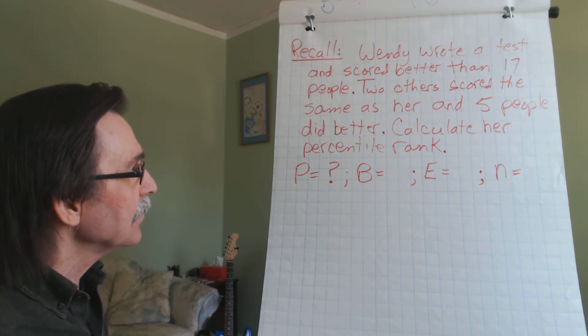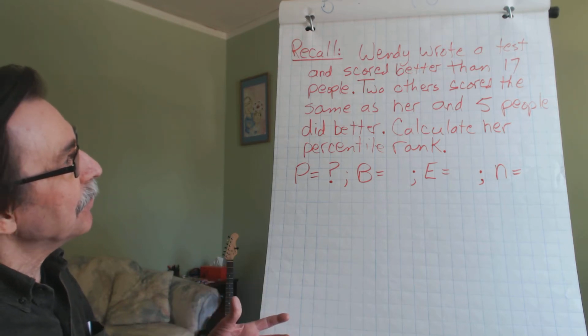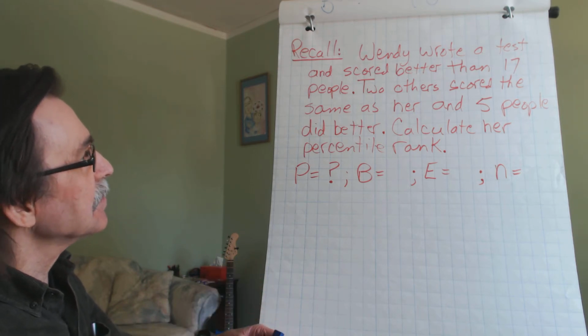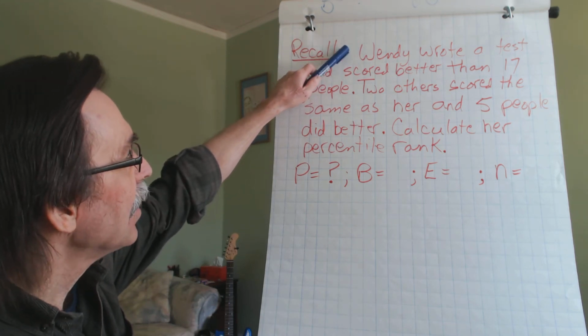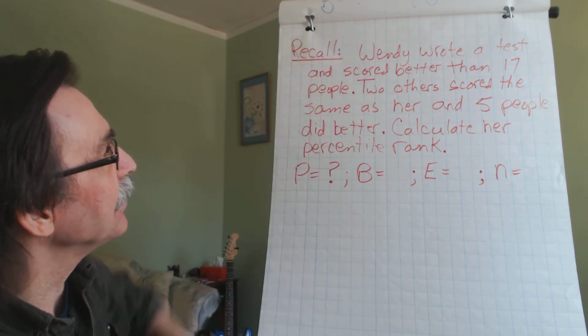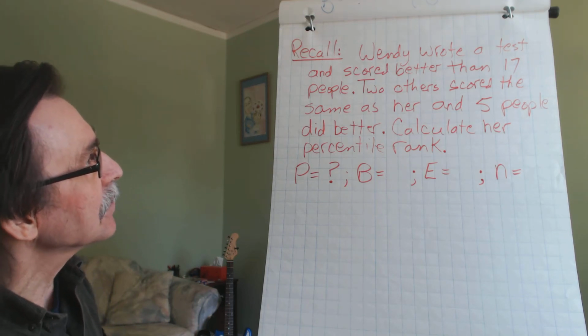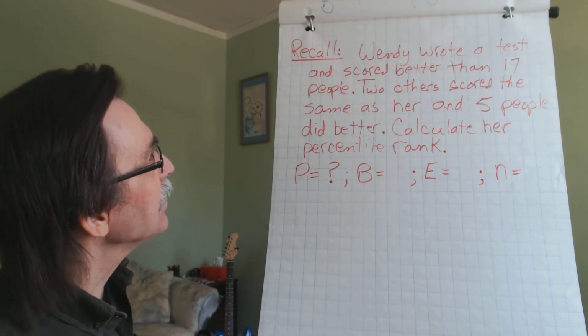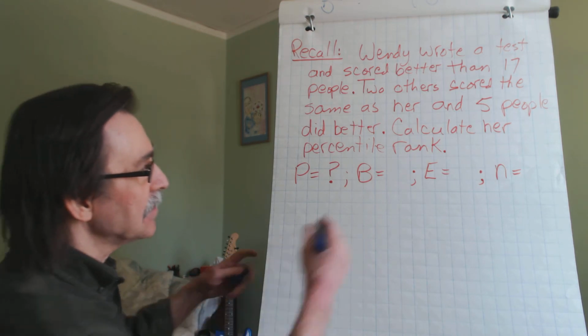So below the given score. Well, what's the given score? Well, the score we're talking about, or the given score in this case, is the same as Wendy's score. So how many scored below Wendy's score? Well, it looks like by the wording of the question, Wendy did better than 17 people. So B must be 17.